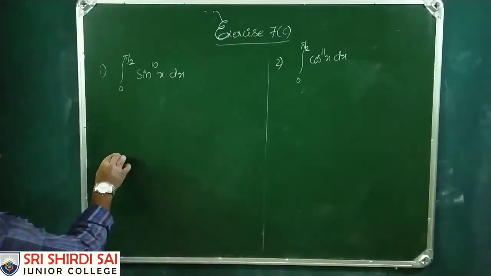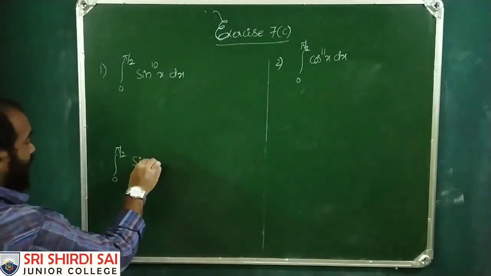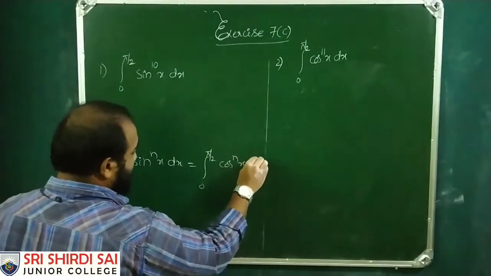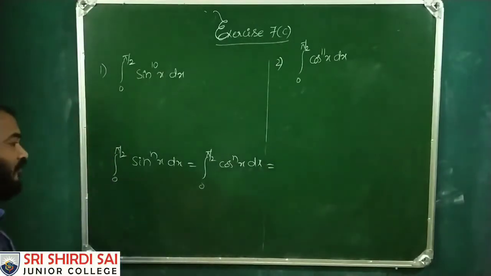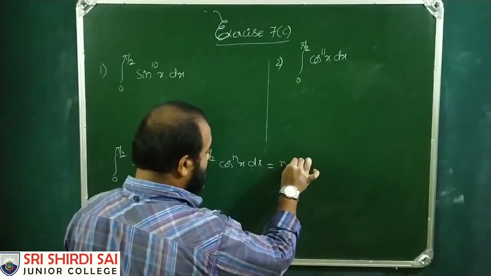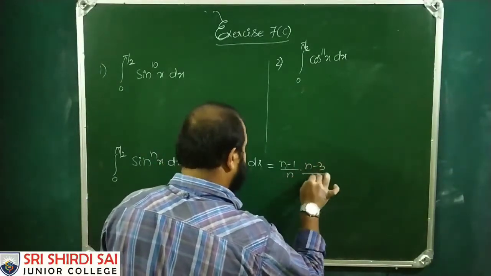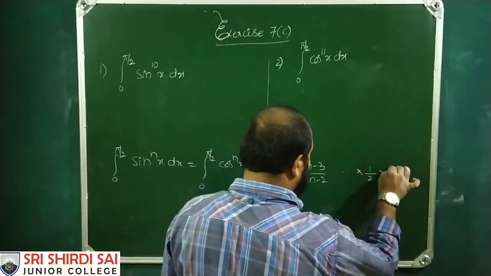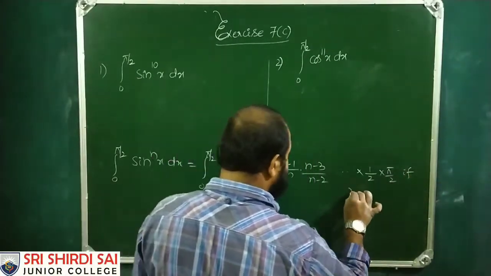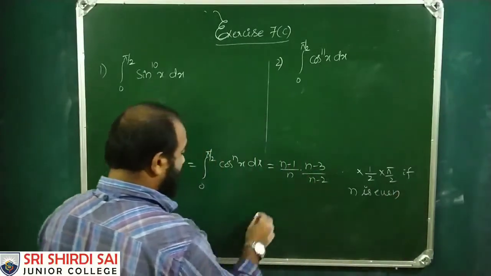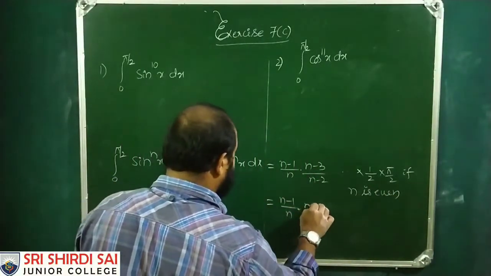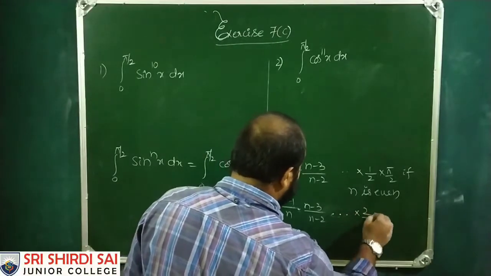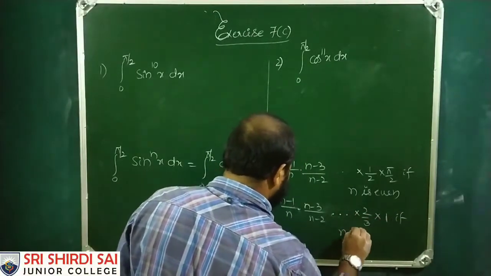For integral 0 to pi by 2 of sin power n x dx and of cos power n x dx, for both of them it will be n minus 1 by n into n minus 3 by n minus 2 etc. into 1 by 2 into pi by 2 if n is even, and the same n minus 1 by n into n minus 3 by n minus 2 etc. into 2 by 3 into 1 if n is odd.